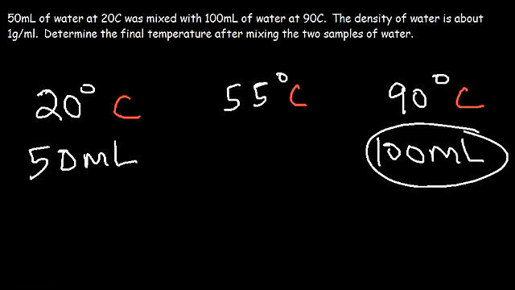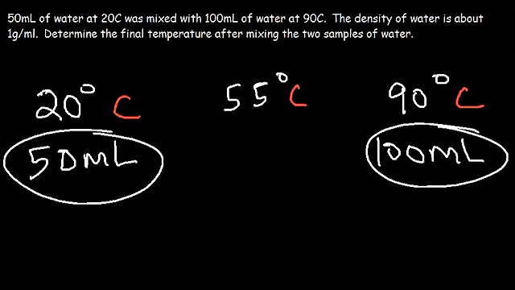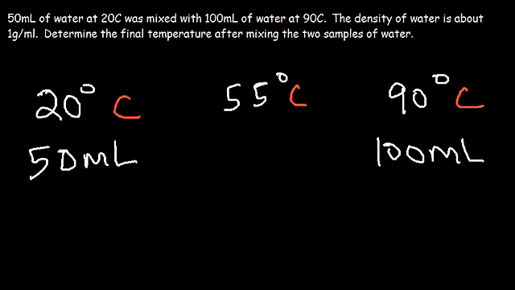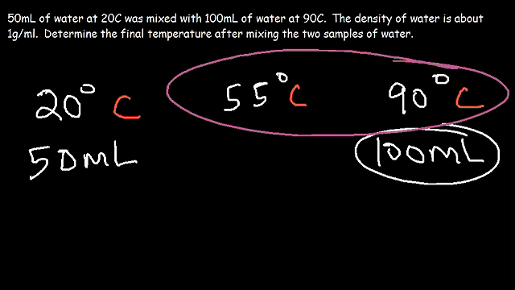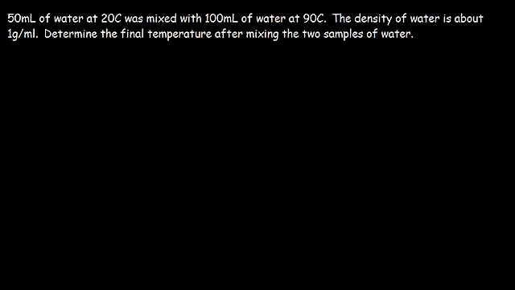If these two values were the same, then the final temperature would be right in the middle, 55. But since they're not the same, it's not going to be at 55. Since we have more of the 90-degree sample, the final temperature should be somewhere between 55 and 90. So let's see what it's going to be.